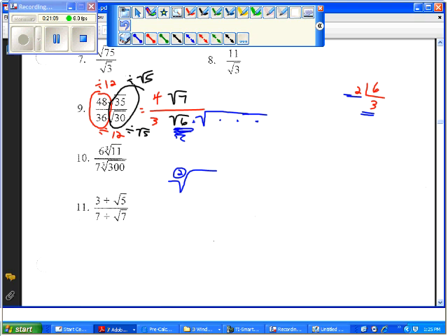How many times has the 2 already appeared? So how many more of those do we need to have 2? 1 more 2. How many times has the 3 appeared so far? Only 1. So how many more do we need? 1. So we're going to multiply by the square root of 2 times 3 so that we have a pair of 2's and a pair of 3's.